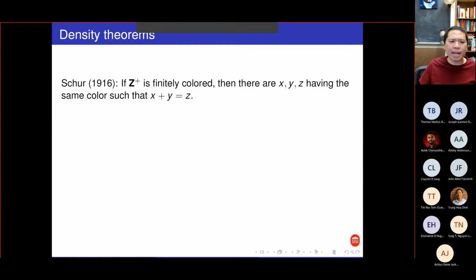So is there a density version of this theorem? In other words, if A has positive density, then you can find three numbers x, y, z in your set such that x plus y is equal to z. What do you think? Is there a density version of this theorem?